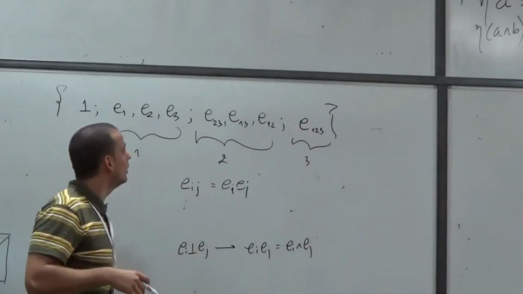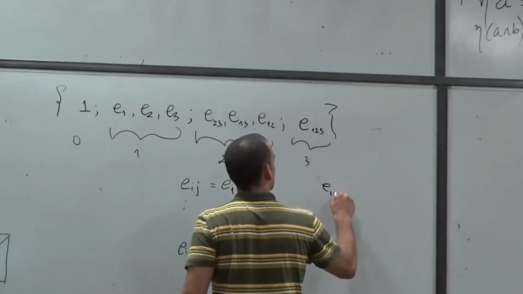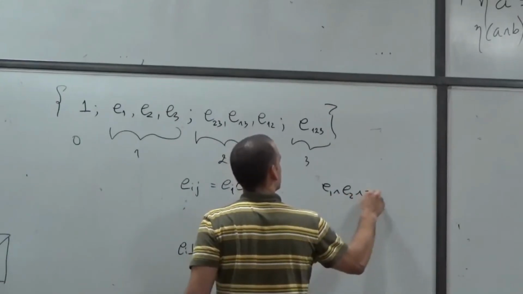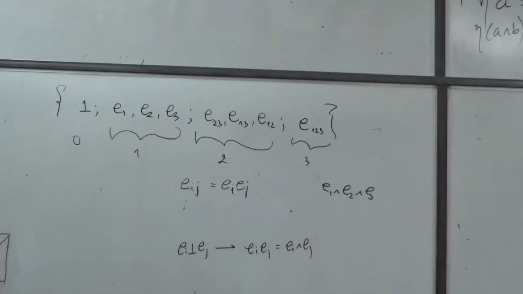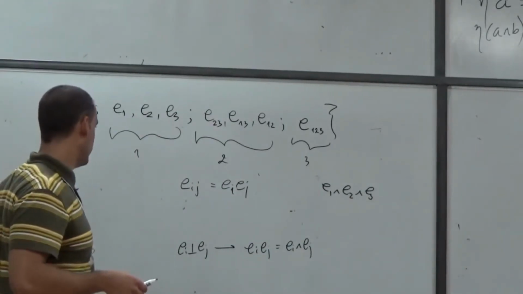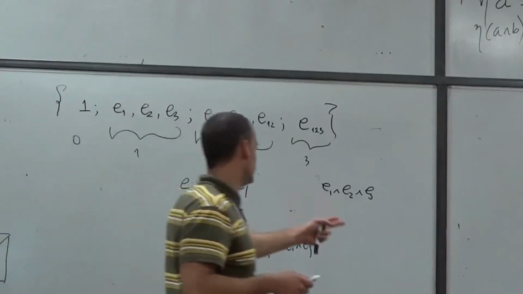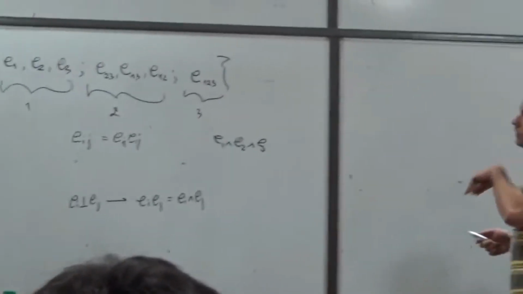Okay? This is e1, e2, e3. The determinant, like in matrix algebra, is the determinant of the mixed product, the triple product. Okay? So let's see how these things work.